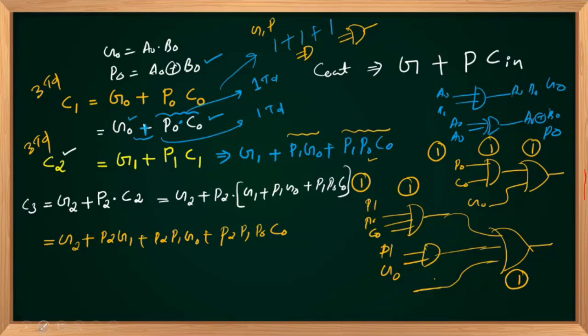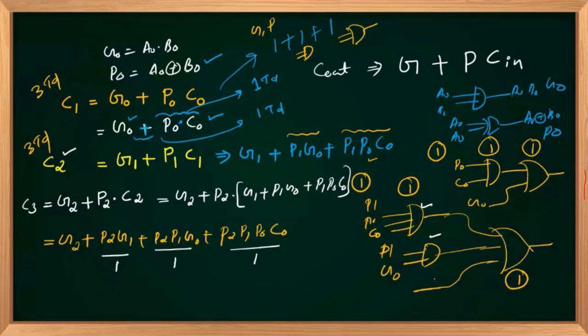Look at the C3 expression. Again, I have product terms and a sum term. So to produce this product, I require one gate delay. Same gate delay for this, because I can operate them parallelly, right?